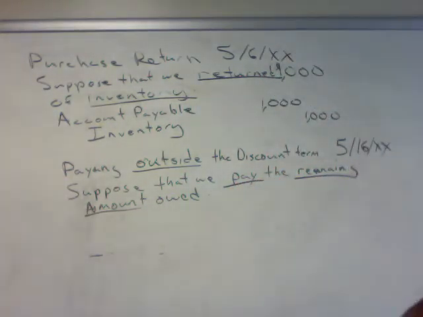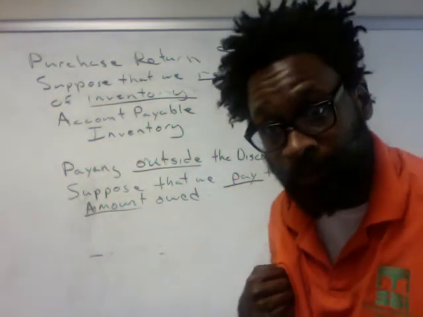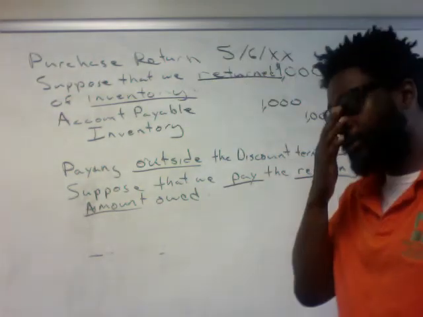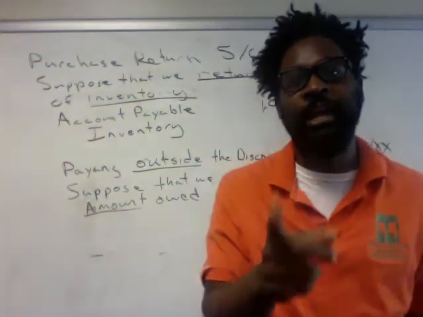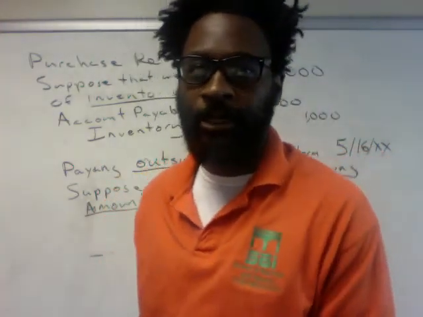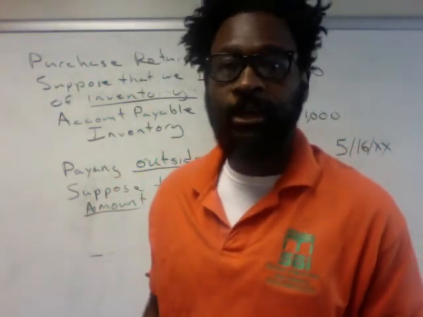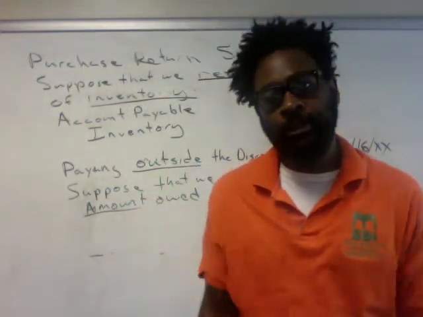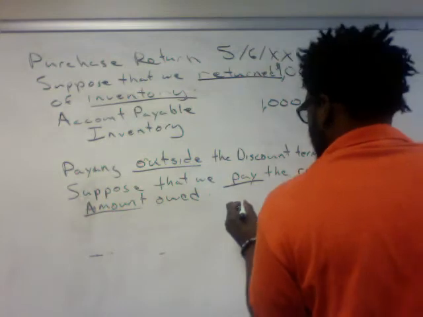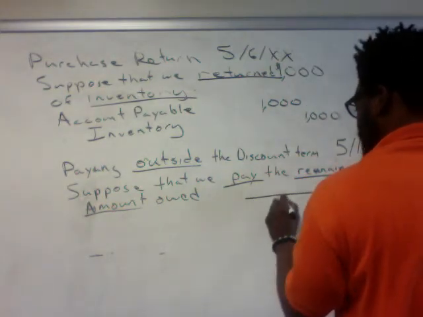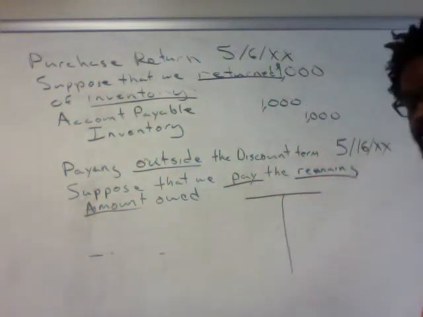So first we need to find out how much was owed, right? What account should we analyze to find out how much is owed? Anytime you get confused, always go to the T accounts, okay? And so, what account will we analyze?